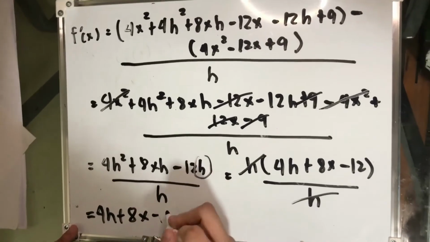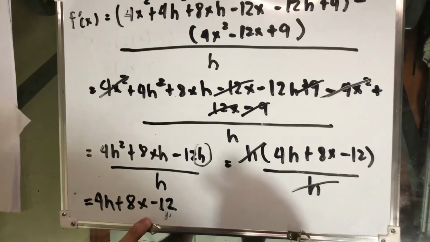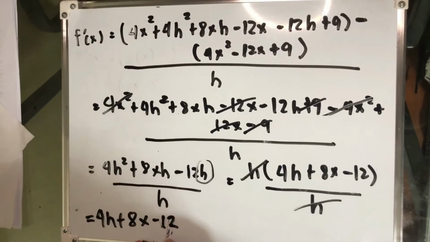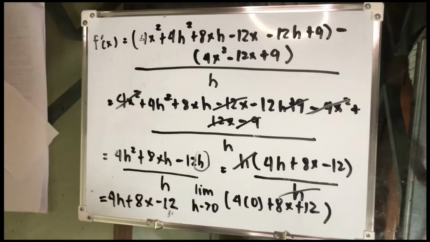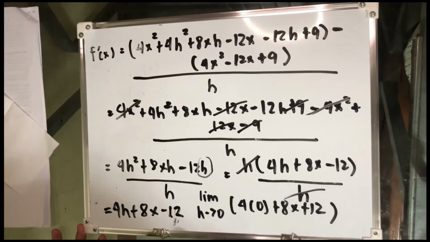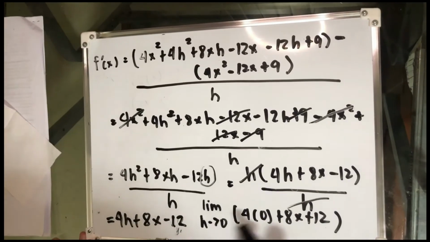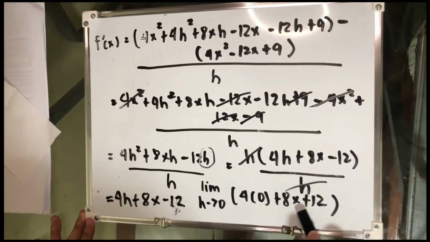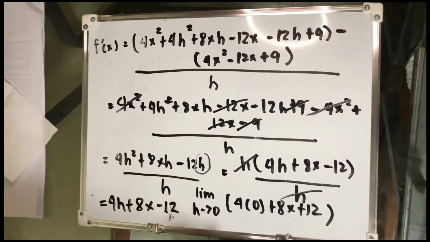So we will just find the limit of 4h plus 8x minus 12, where h approaches 0. So we have 4 times the quantity of 0, which is the h, plus 8x minus 12. So we should just simplify this, and we will get the answer.